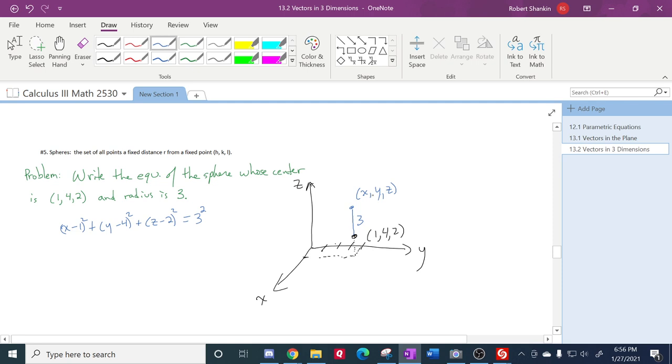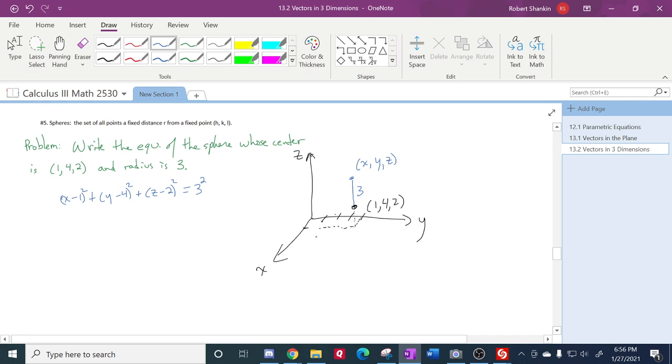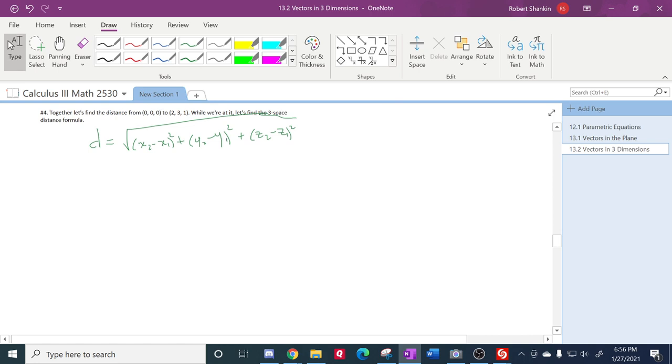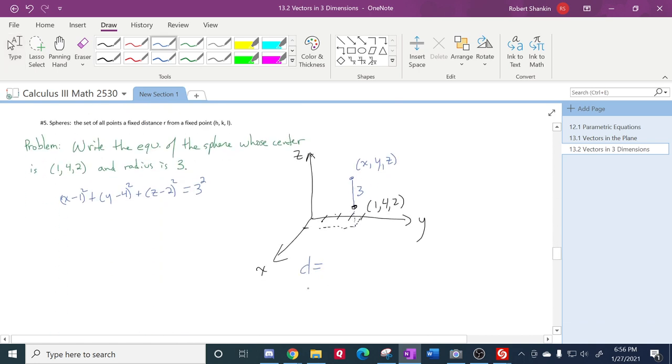When I leave it as a general point and then do the distance formula, which we just came up with, up here, if we square both sides, the distance formula is the same as d squared equals (x2 minus x1) squared plus (y2 minus y1) squared plus (z2 minus z1) squared.